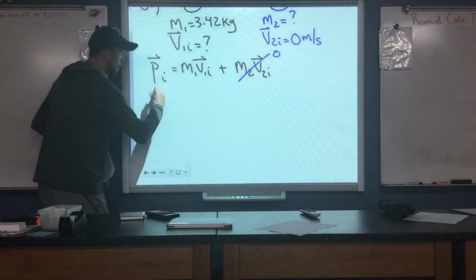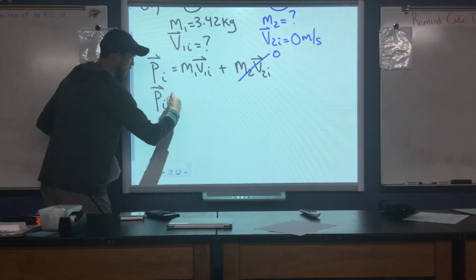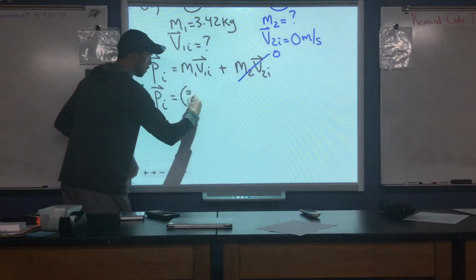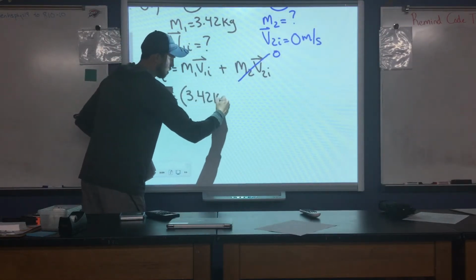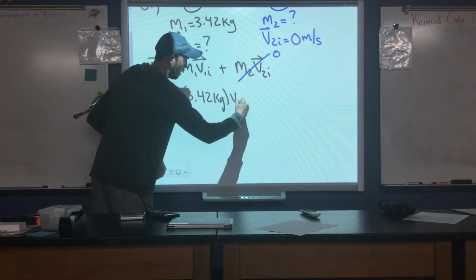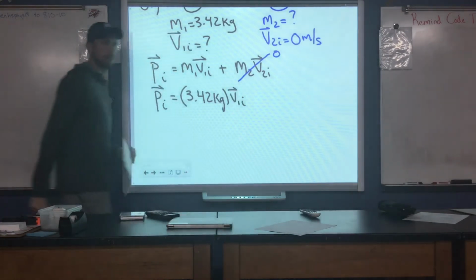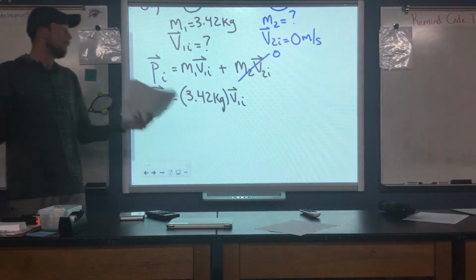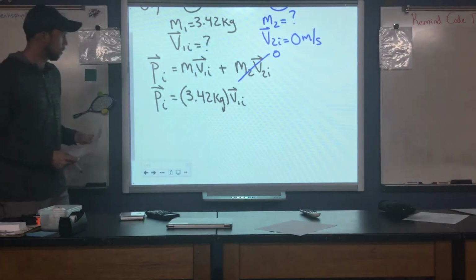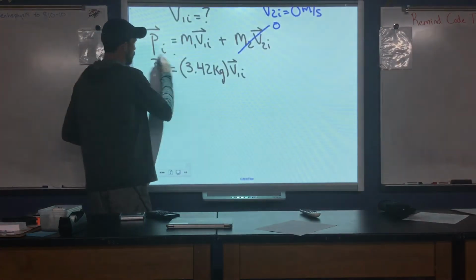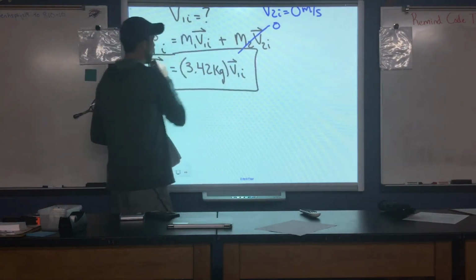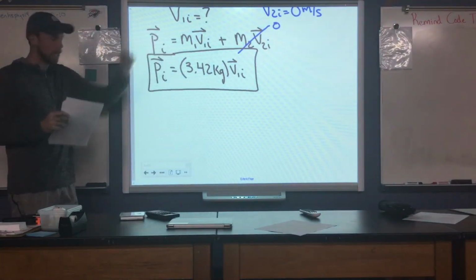So the momentum of object 1 would just be its mass, 3.42 kilograms, multiplied by the initial velocity of object 1. Don't really know what that velocity is, but this is really all I can do. Now I'm going to put a box around this equation so that if I come back to it in a moment, I have it there.